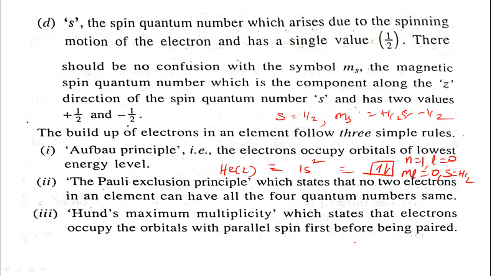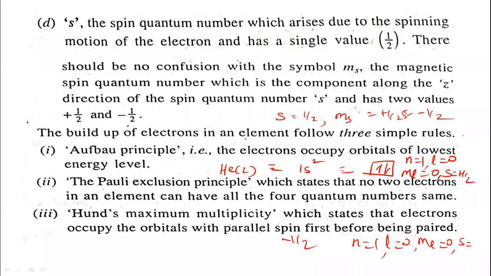For the other electron, n equal to 1, L equal to 0, ML equal to 0, but s is minus 1 by 2. So that is the Pauli's exclusion principle, which states that no two electrons can have all four quantum numbers the same. And the last one is Hund's rule of maximum multiplicity, which states that the electrons occupy the orbitals with parallel spin first before pairing.